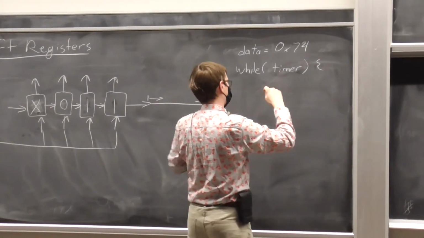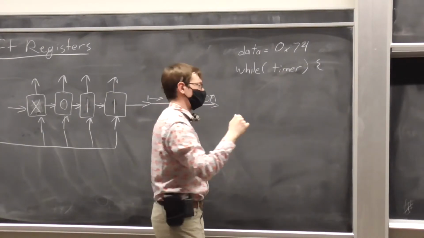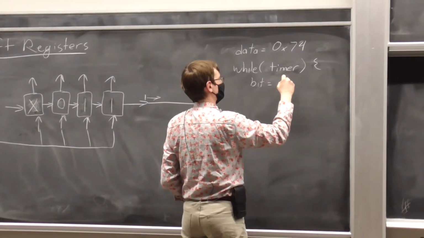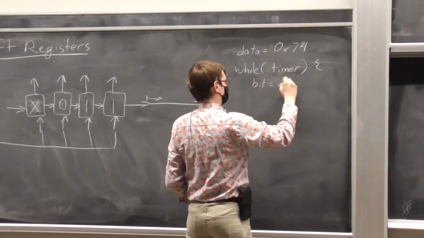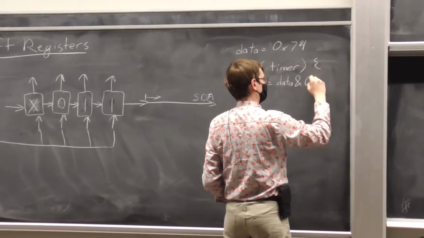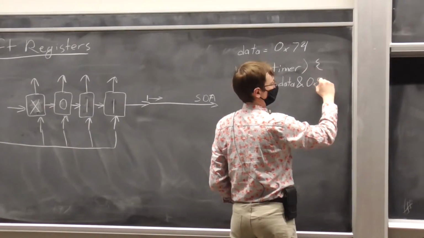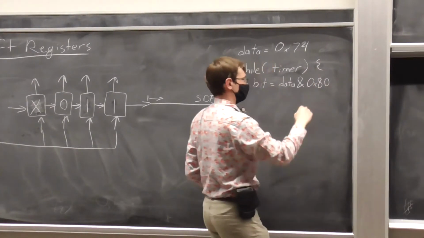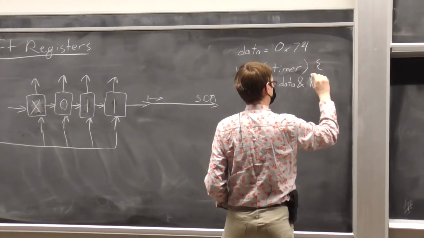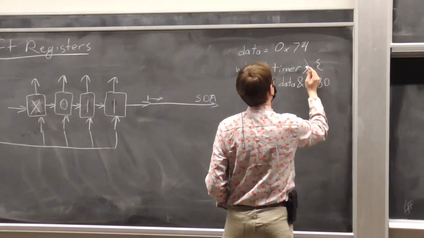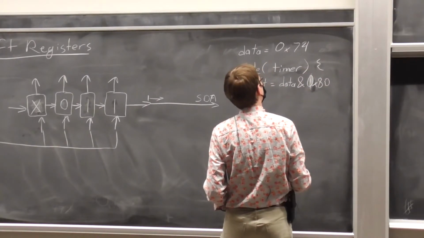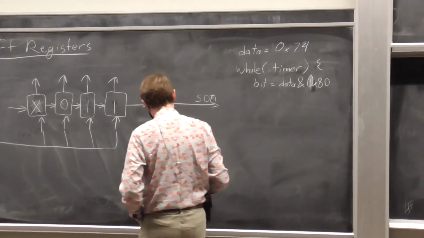So you would say something like, the bit you're trying to send is data AND 80, hexadecimal, not, what am I doing? I got the symbols mixed up. Is that right? Am I doing that correctly? I think I am. All right.